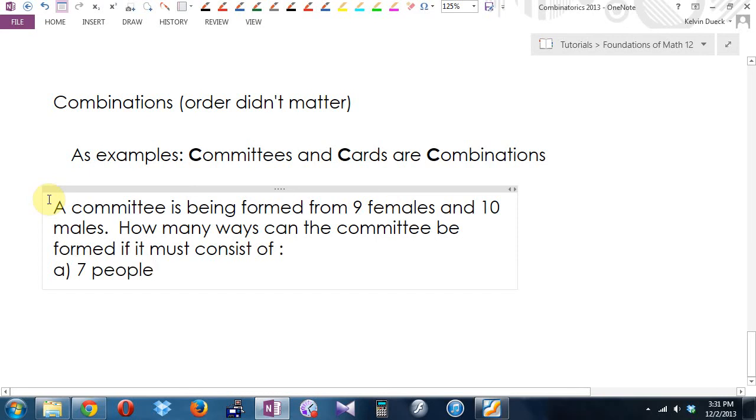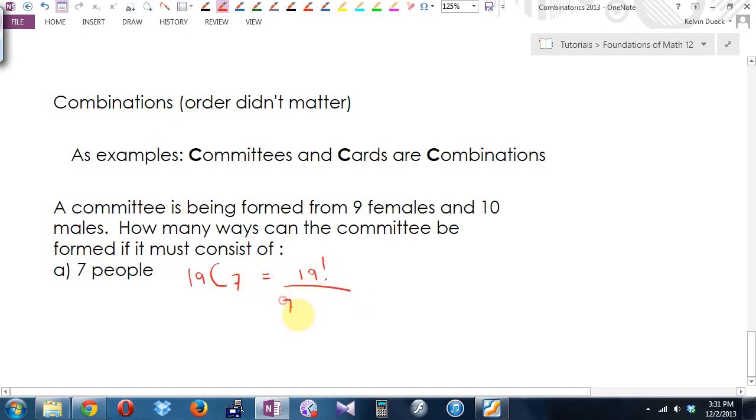Can you read A to me, please, Christina? 7 people. Did they distinguish between genders in this condition here? No. Okay, so no subgroups. I would just say, from 19, choose 7. Whatever the heck that is, I don't know, but I'm going to assume you can type that. Okay? Again, though, be aware that this is also 19 factorial over 7 factorial, 12 factorial. If this was multiple choice, I could give you that to pick from, the factorial form. That's what the formula is on your yellow formula sheet.